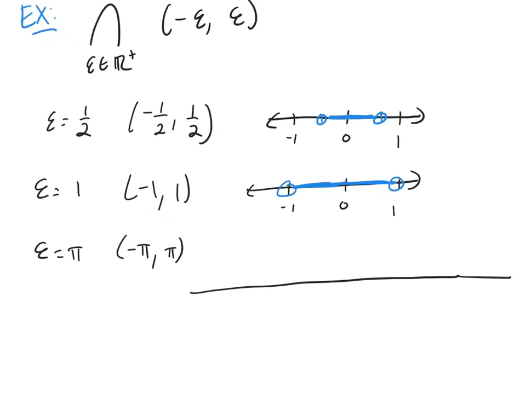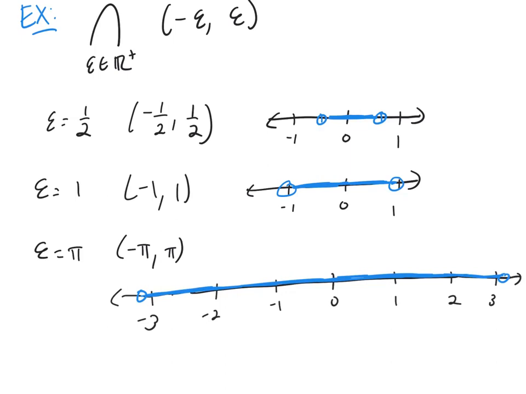But here's 0. Pi is a little bit bigger than 3. So if I shade in my region, you would have an interval like this for every positive real number.